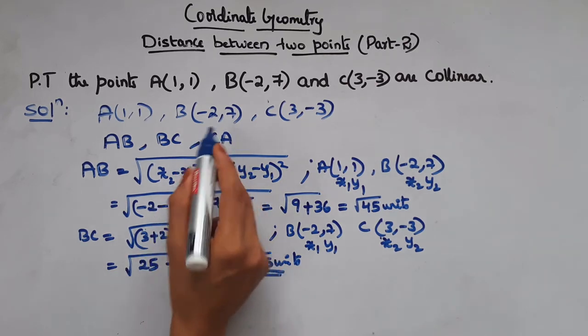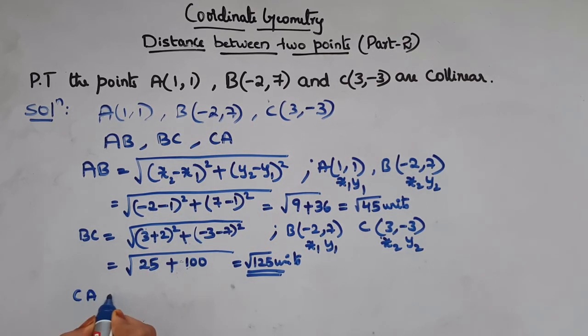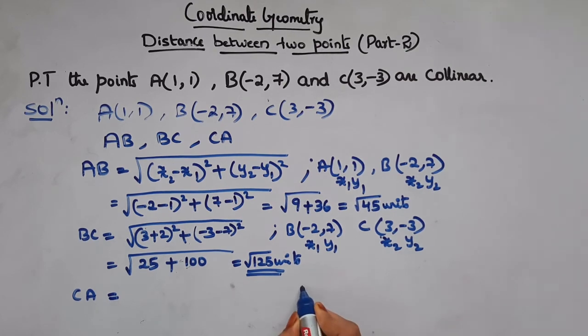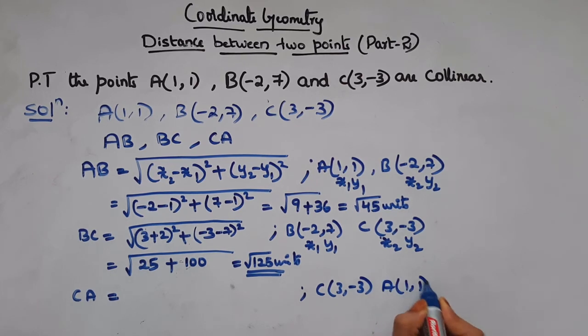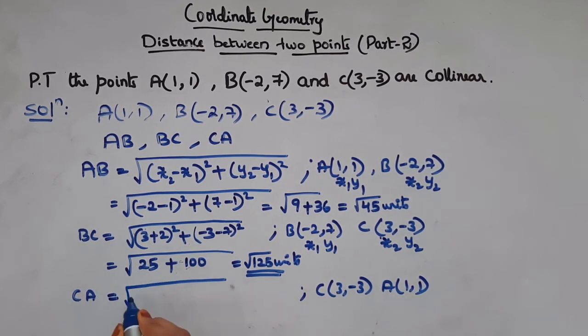Similarly, now let's find the distance between CA. So CA here C is 3 comma minus 3 and A here is 1 comma 1, right? So let's put the formula. We have x2 minus x1. This is your x1 y1 and this is your x2 y2, right? So x2 minus x1 is 1 minus 3 the whole square, right?